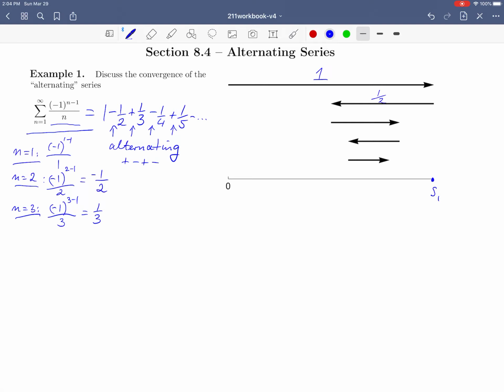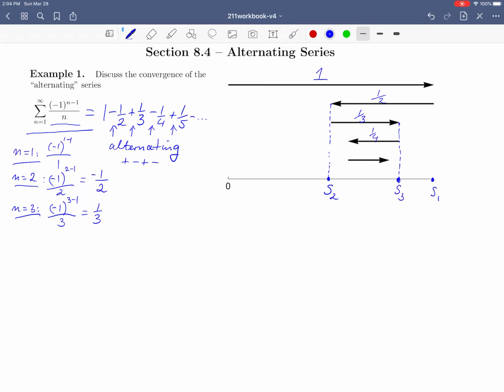Now let's look at what happens when we are looking at 1 and then subtract 1/2. That second arrow right here has length 1/2, and we are subtracting it from 1. So the tip of that second arrow tells us the value of 1 minus 1/2, and that is the result of the second partial sum.